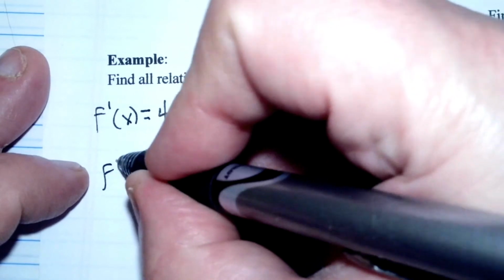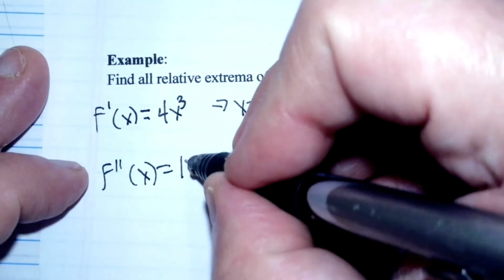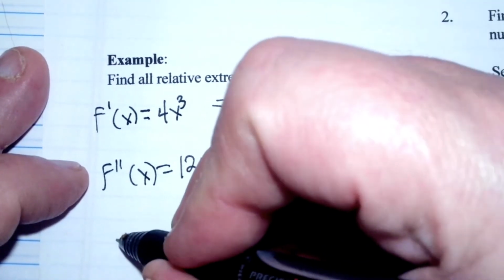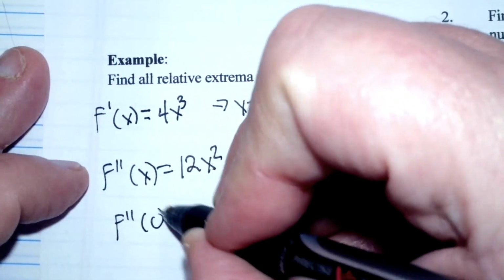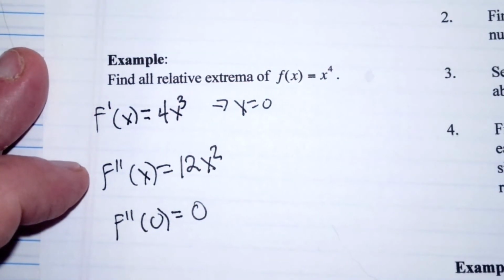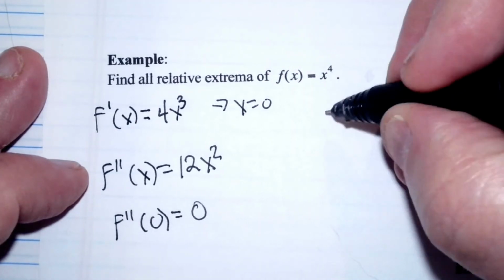Well, what happens when we find the second derivative? That's 12x squared, right? So if we look at the second derivative at 0, we get 0. The second derivative test isn't telling us anything. However, you may know what the original function looks like, x to the fourth.